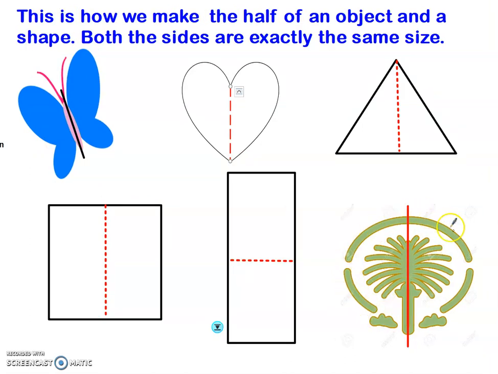And a picture of Palm Jumeirah has also been shown in half, two equal sides. This is how we make a half of an object and a shape. Both the sides are exactly the same. It's half. I hope you all got it correct. Check your answers.